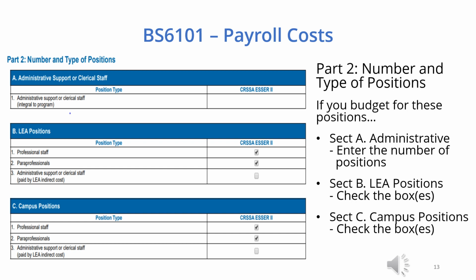And if you're budgeting costs for any of these positions, check the box next to the line. Whether a position is considered a campus level position or an LEA position is defined at the local level by the LEA. TEA does not make this determination.